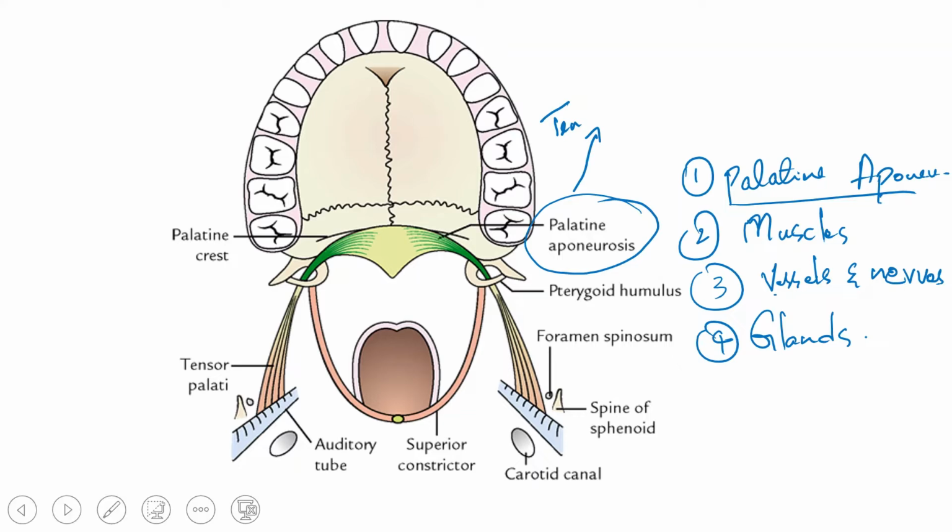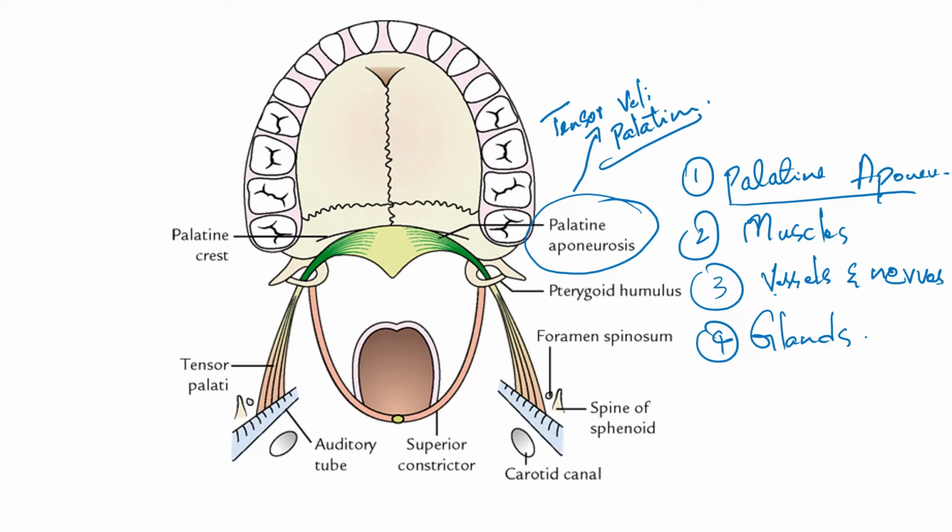So the tensor veli palatini, towards its insertion, makes up the aponeurosis of the soft palate, which is called the palatine aponeurosis. So this is about the palatine aponeurosis.